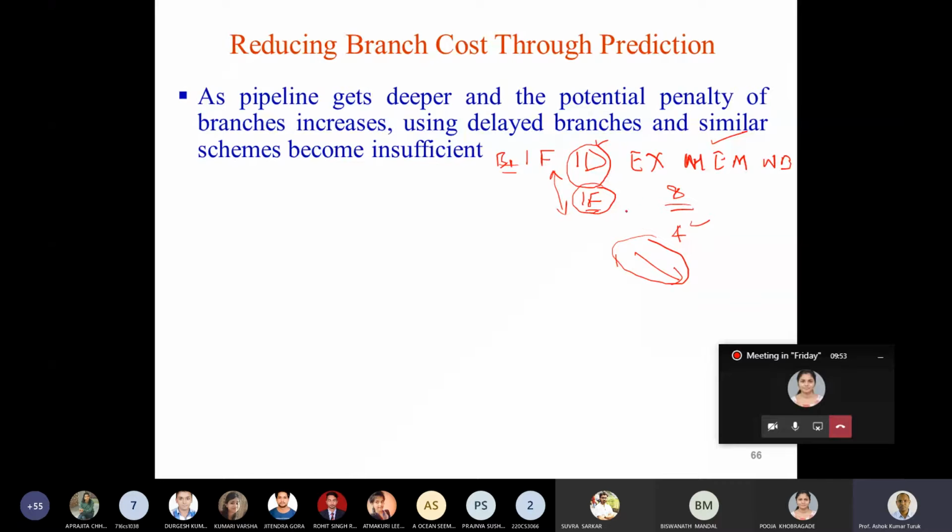Let's imagine this: instruction fetch, instruction decode, execution stage, and so on, in the same 5-stage pipeline, and we assume that the branches are resolved in the memory stage. Then I have 3 instructions already in the pipeline, and if the branch takes place, these 3 instructions in the pipeline need to be converted into no operation.